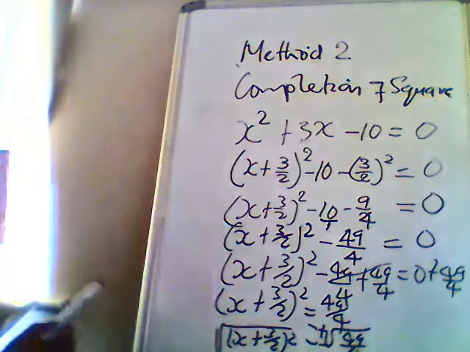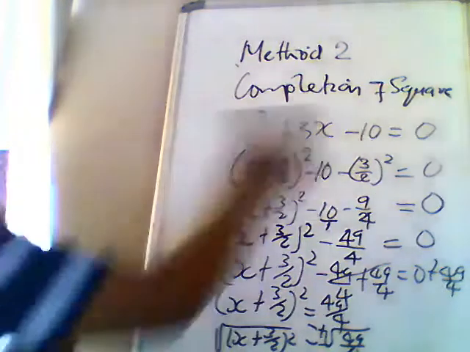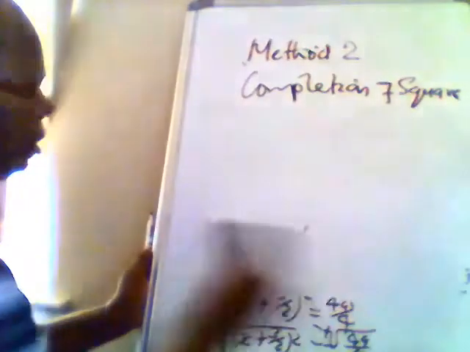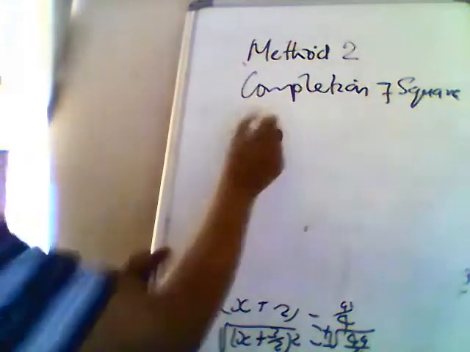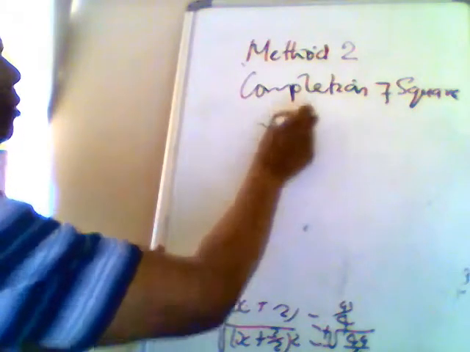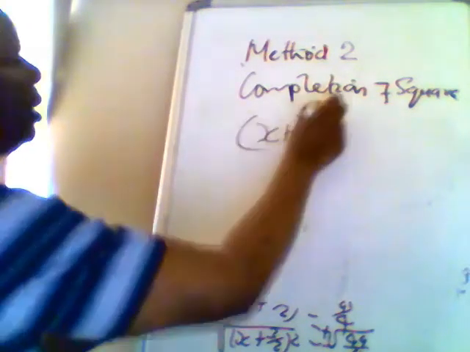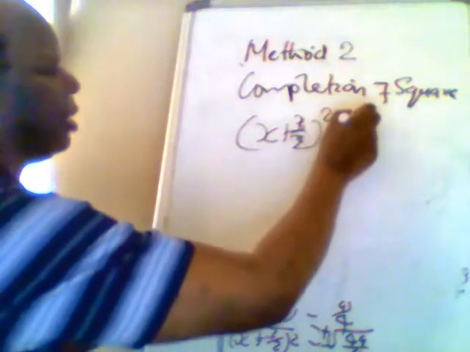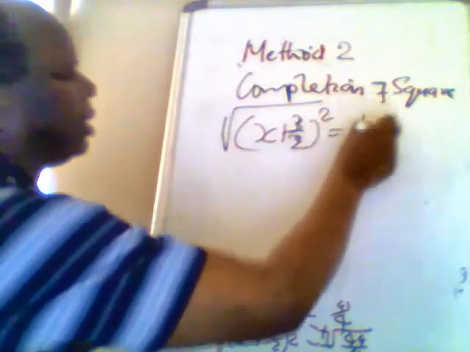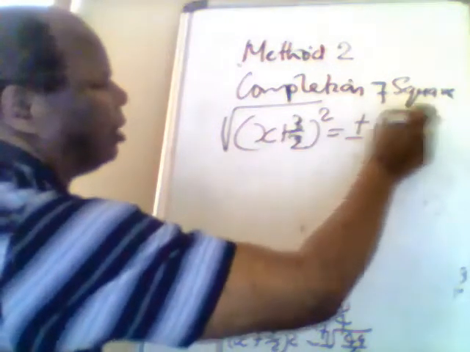Let me go up again. So I have x plus 3 over 2 squared equals, so I've taken the square root, equals plus or minus the square root of 49 over 4.